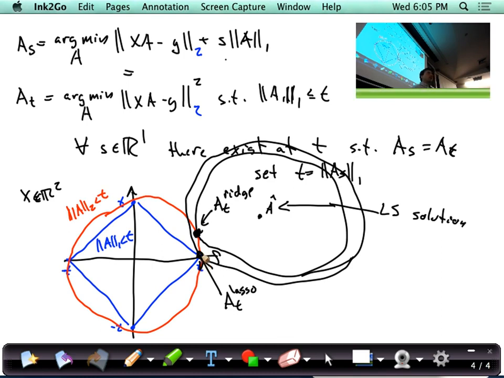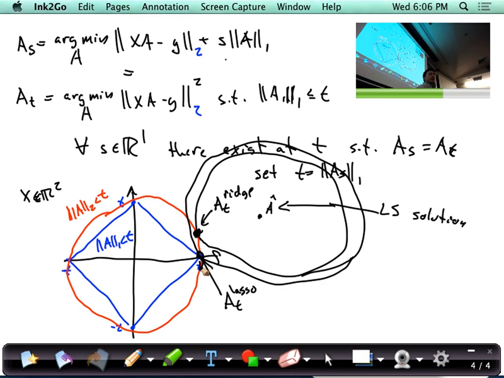Okay, when you get these pointy things which are restricted areas, your solutions, the closest points, are very often going to be on these corners. And this corner is exactly where this coordinate is 0. Okay, so that's where the sparsity comes from.